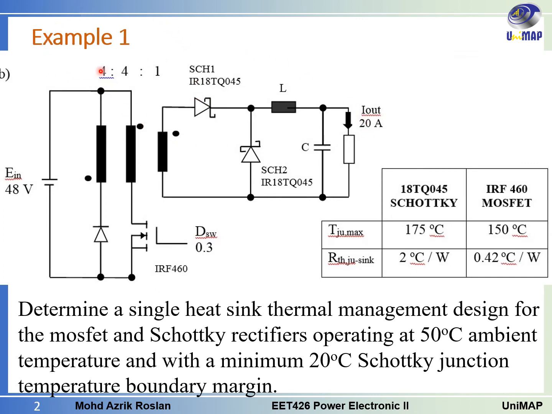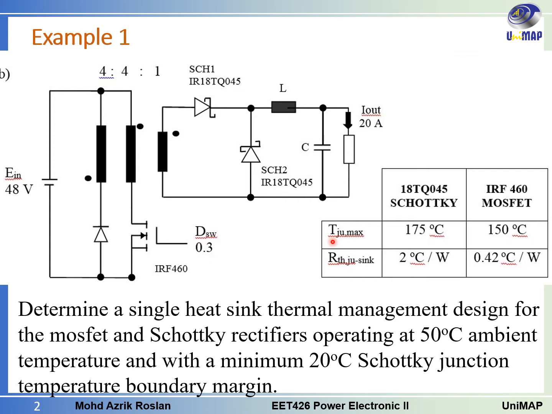In this example, we are looking at the isolated forward converter circuit, and we are given several thermal parameters for the Schottky diode and also for the Mosfet. So in this circuit, we have two diodes here, and then we have one Mosfet here.